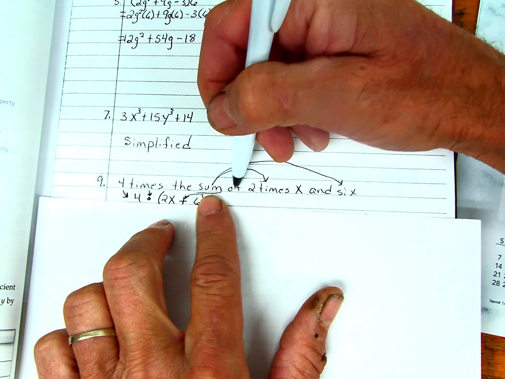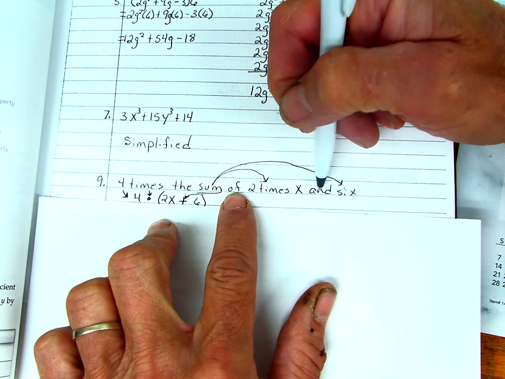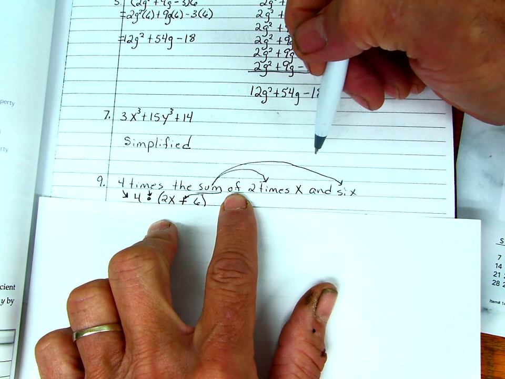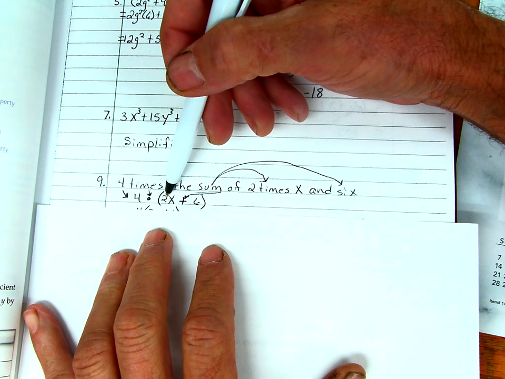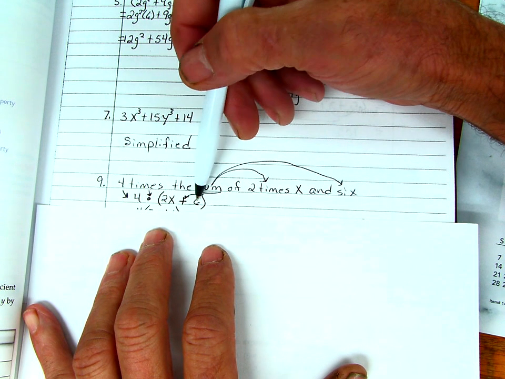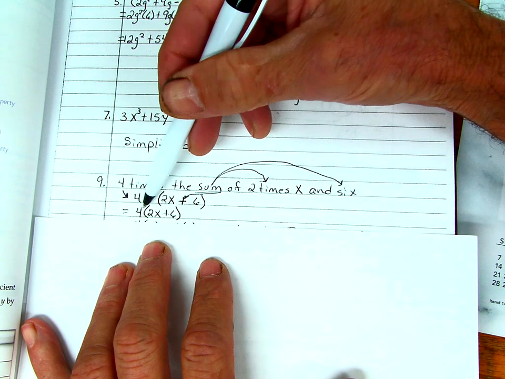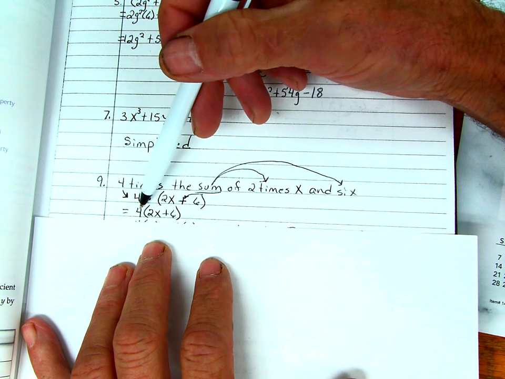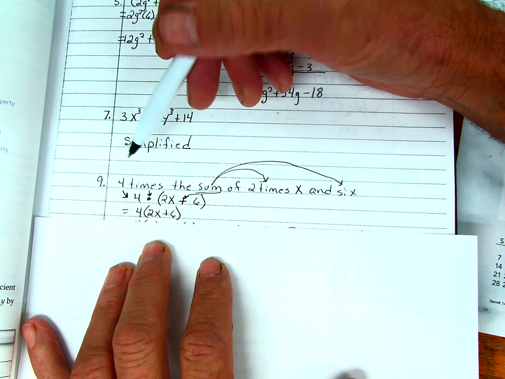The sum of, well, what do you want me to add together? 2x and 6. So here we go. 4 times the quantity, or the sum, 2x and 6. I'll clean it up just a little bit. 4 times the quantity 2x plus 6.